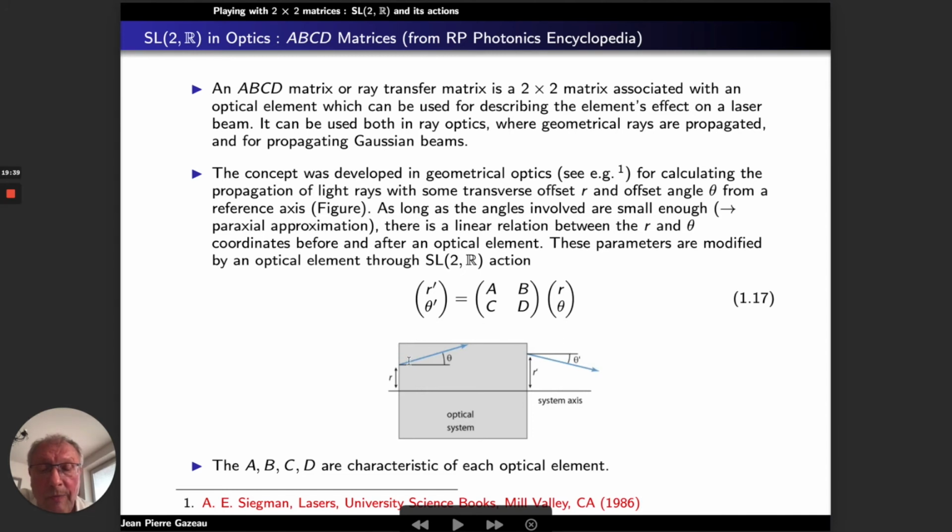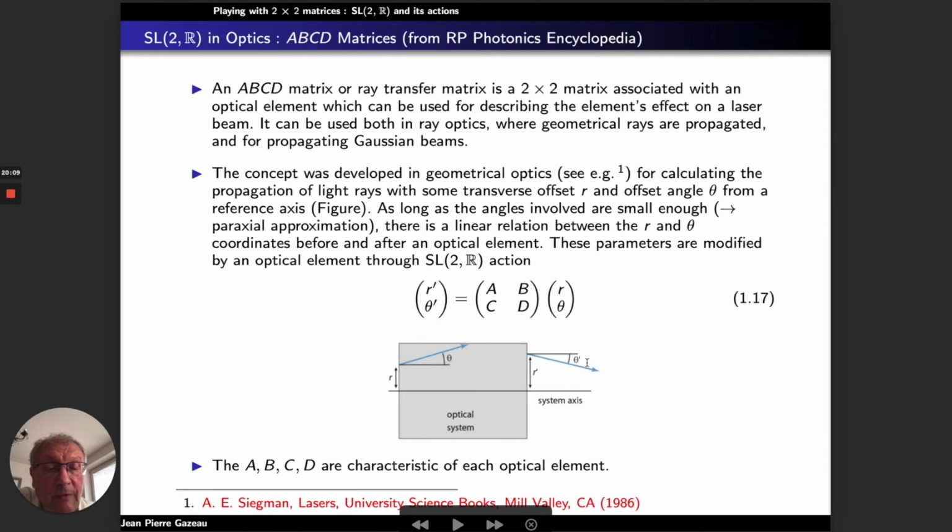So the incoming light ray makes an angle theta with respect to the system axis, and the penetration in the optical system holds at a vertical distance r from the system axis. So before you have r, theta, afterwards you have r prime, theta prime.